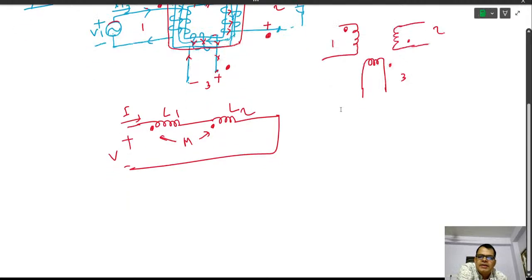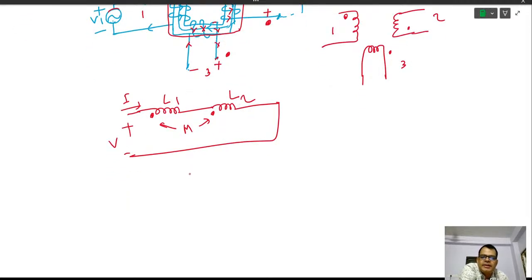using the KVL, same way you will write the KVL. See here, first of all, when the current flows through the dotted terminal, this terminal will be positive and this terminal will be negative. Similarly, when current flows through the undotted terminal, the undotted terminal will be positive in this linking coil.